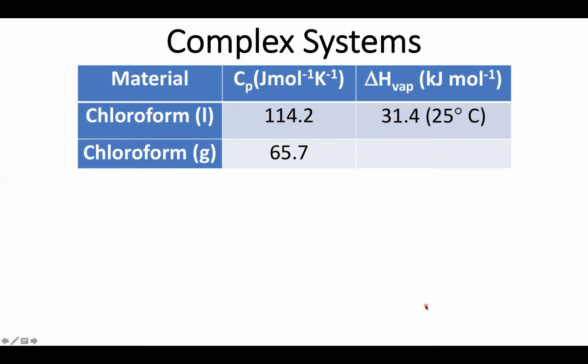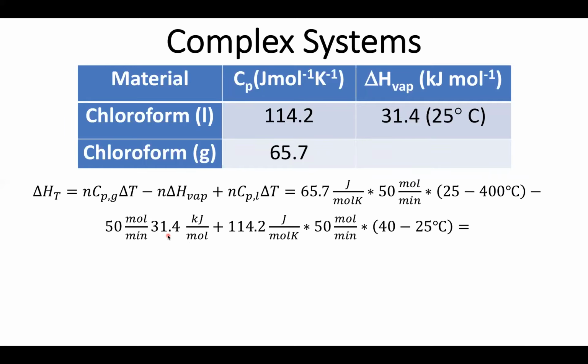So in this case, the solution is actually fairly straightforward, because the nice part about using enthalpy instead of heat is that it is a state function, meaning that it doesn't matter when the actual vaporization took place, as long as I know the initial and final temps.